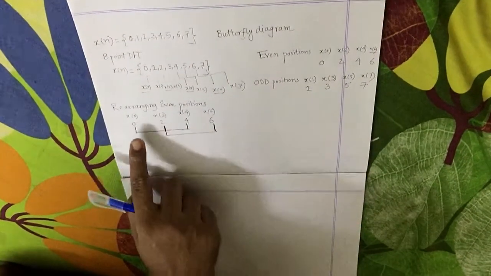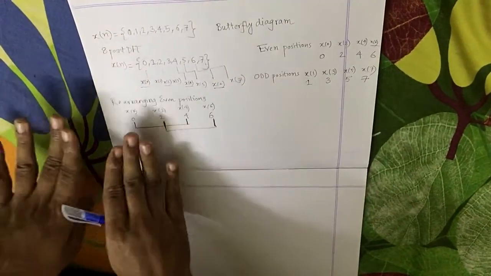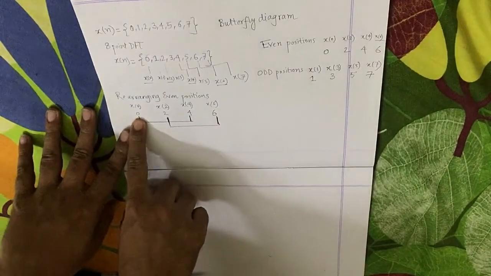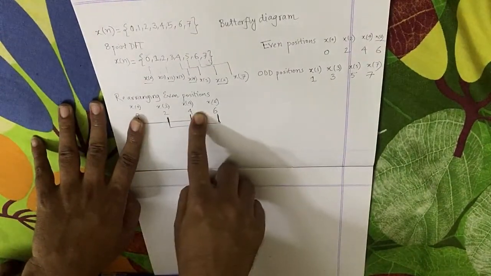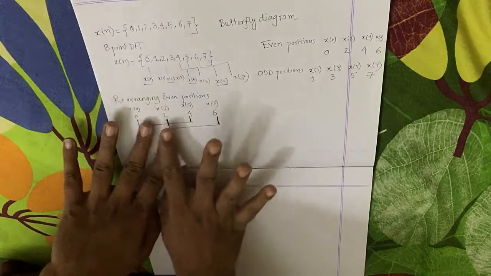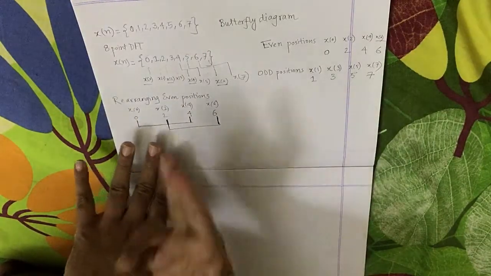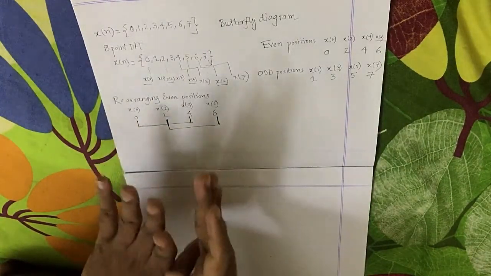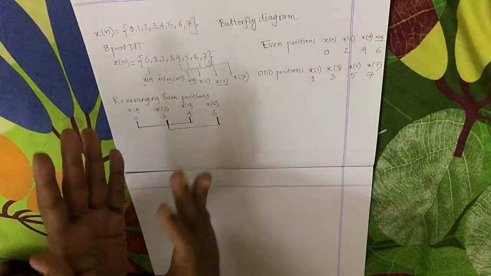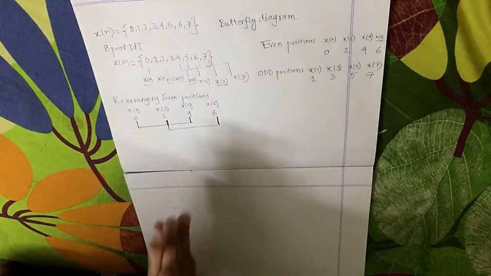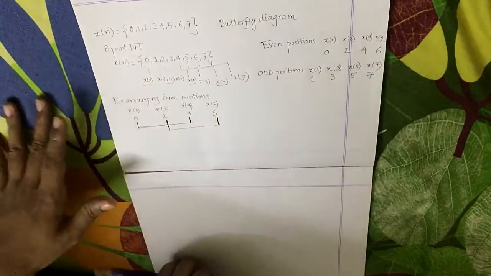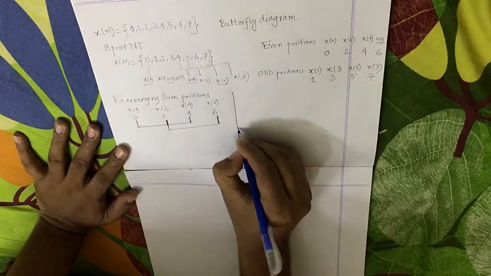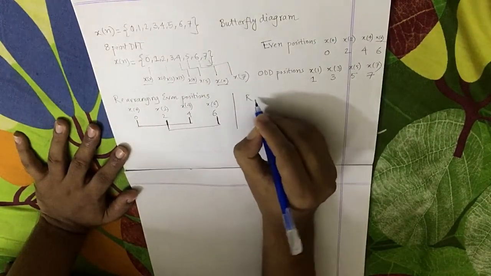This position will be written at the very first. After writing this value, we have to write down this 4. After that, this 2 will come into play, and once we have written that 2, we need to write down 6. So I guess you have understood this part. Even positions. Now let's rearrange the odd positions or odd indexes as well.